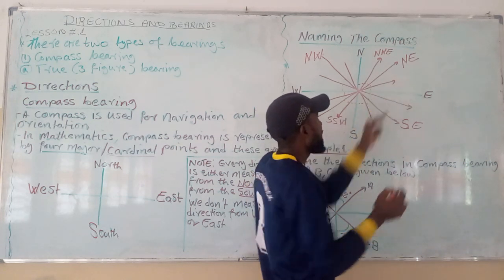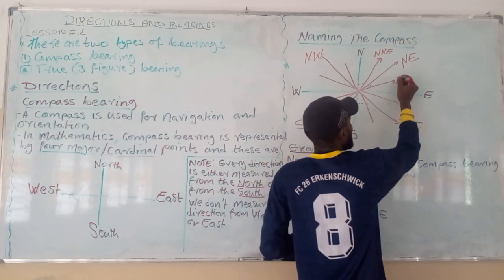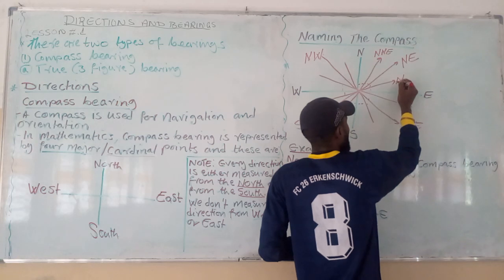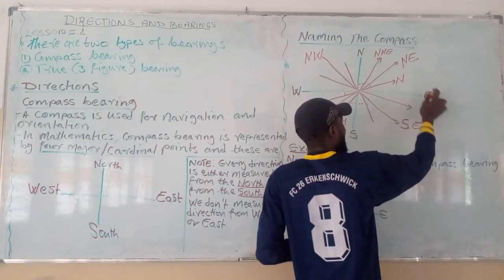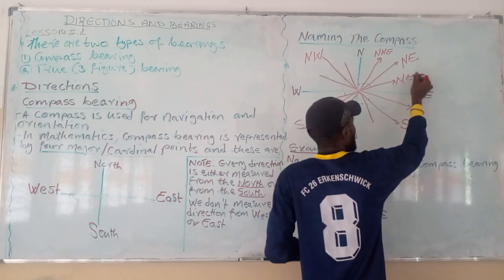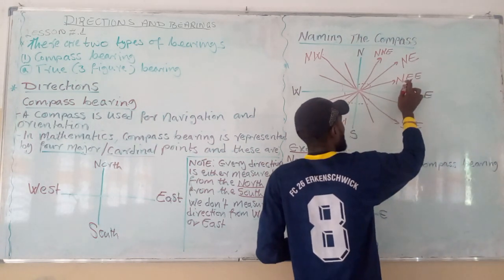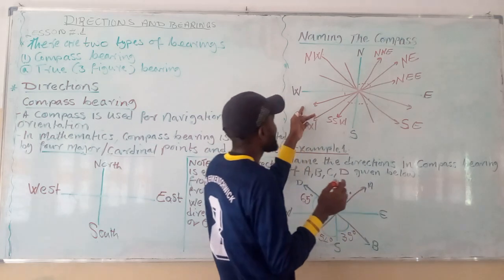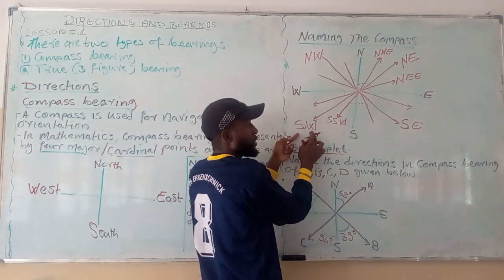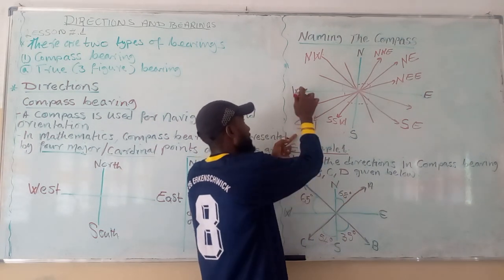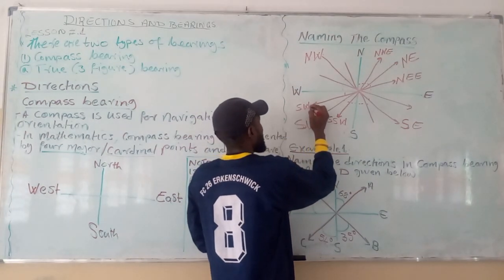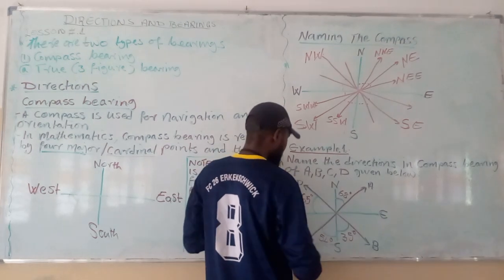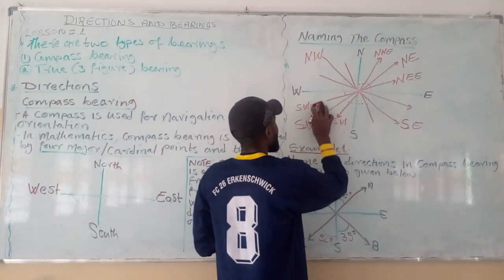We have a north already, but we have northeast, and east again. So this is northeast, east. What about this direction? This direction we have southwest. So we have southwest, west. Okay, southwest, west. That will be the direction for this one.